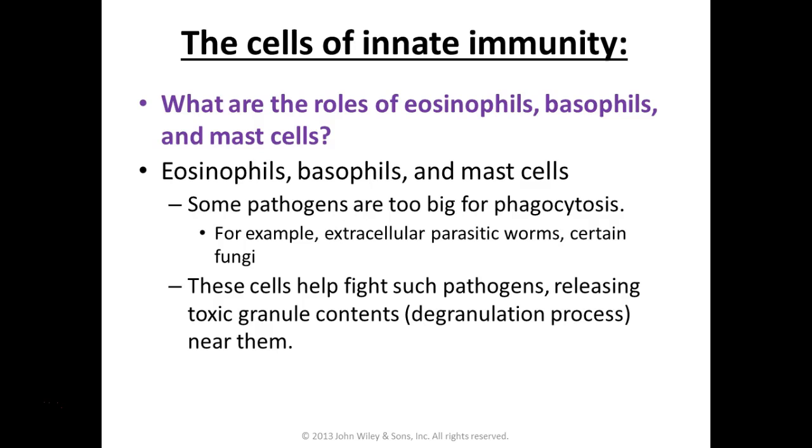Those toxic substances they have bound up in membranes inside will go to the cell membrane and be released into the environment, right? So when they come in contact with large things like parasitic worms, or when they're activated by allergens, they're going to release those substances into the area. That process is called degranulation, because again, we refer to those as granules.